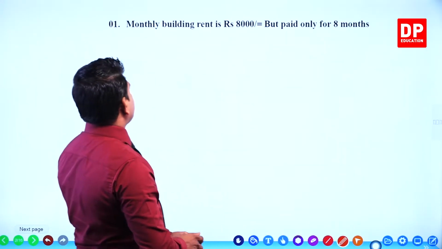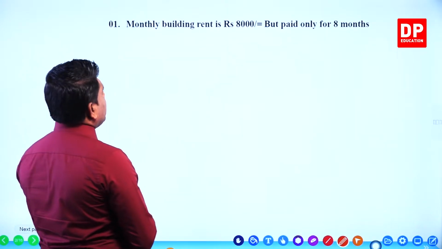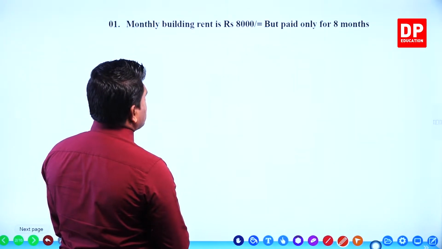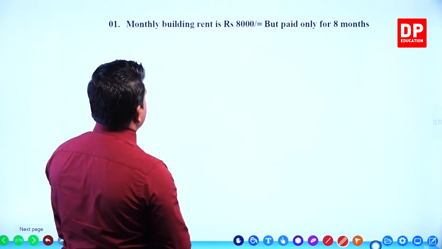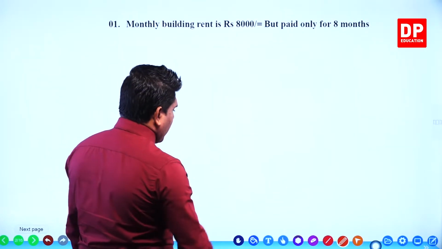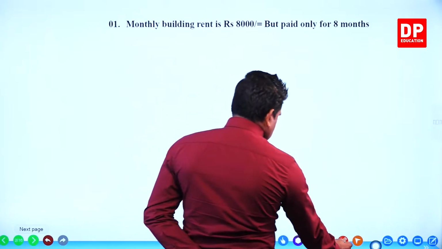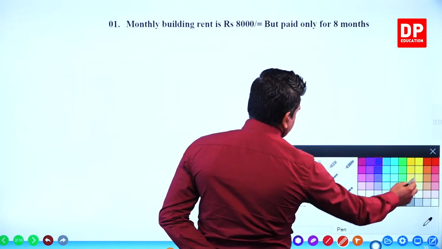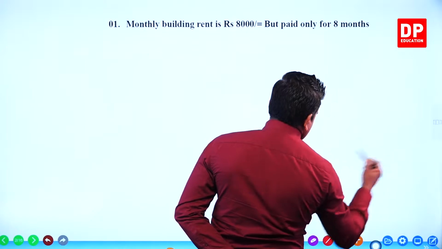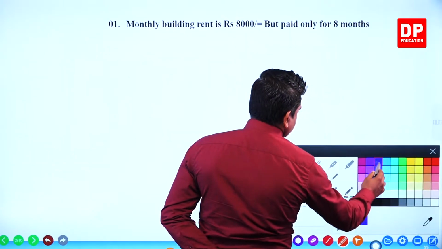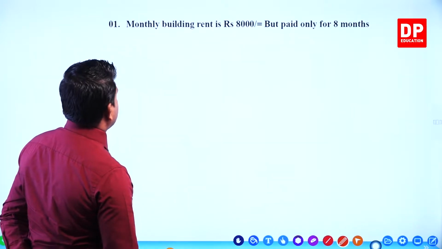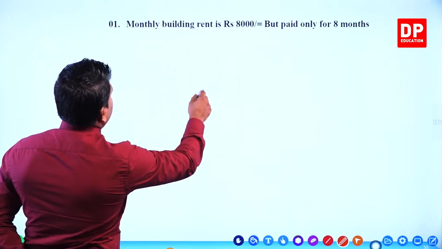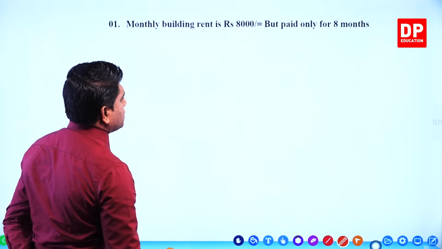Now see here, the monthly rent is 8,000 but paid only 8 months. First we have to calculate the total rent expense for the year.